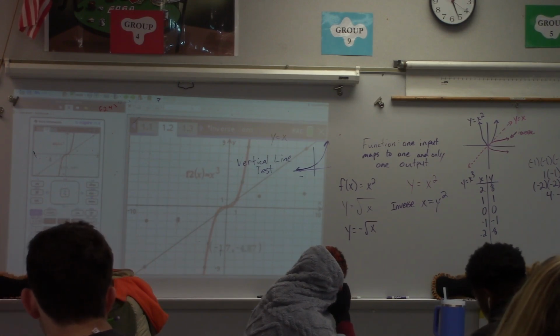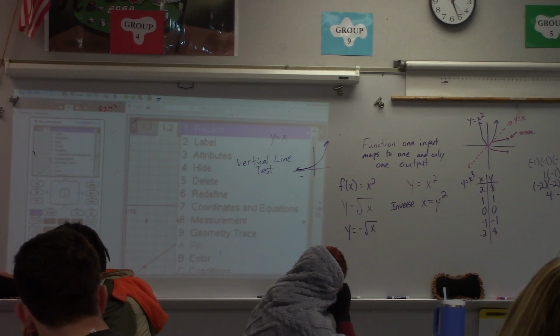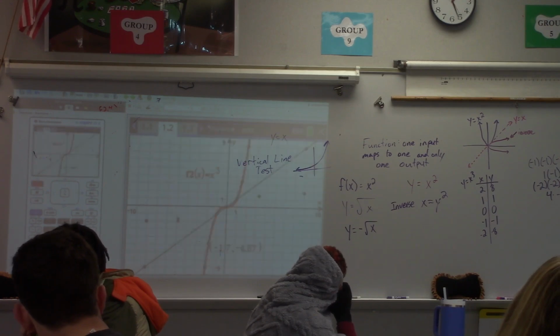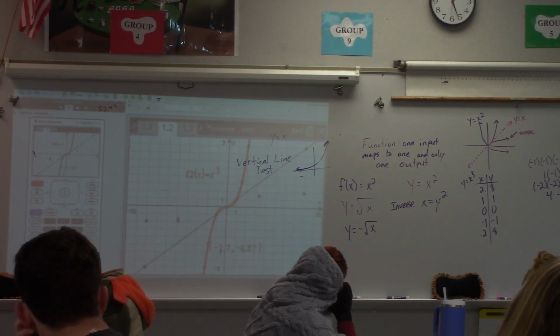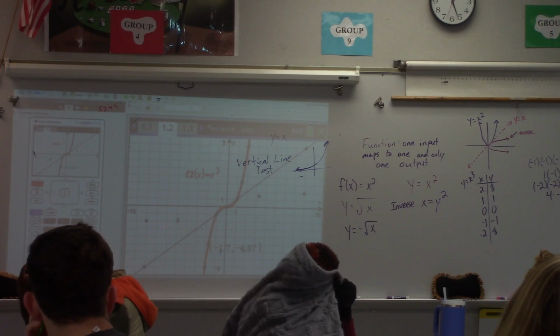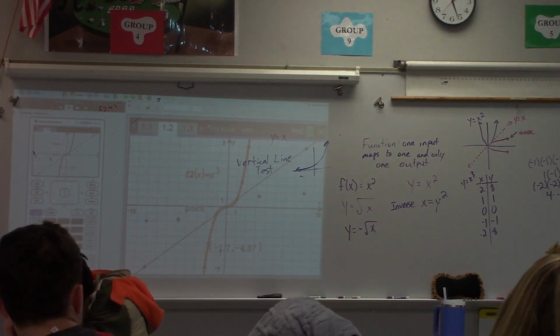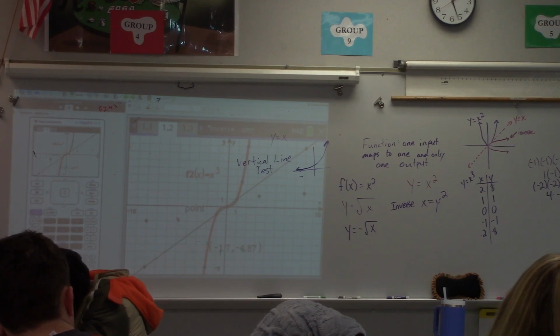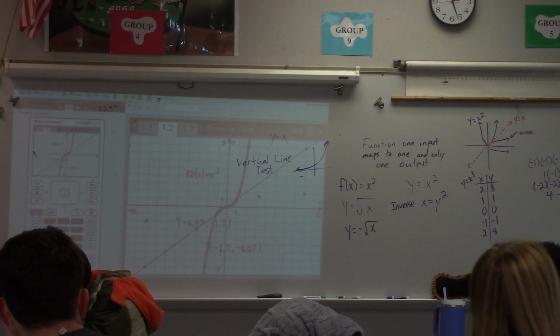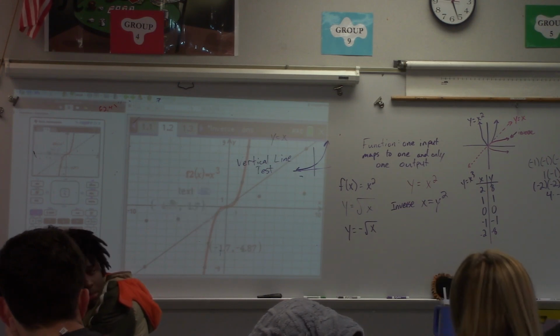So this reflection right here should have what coordinates? How did Zakiah know that this coordinate right here would be negative 4.87 comma negative 1.7? The inputs and outputs are transposing. Was Zakiah right? Yeah.